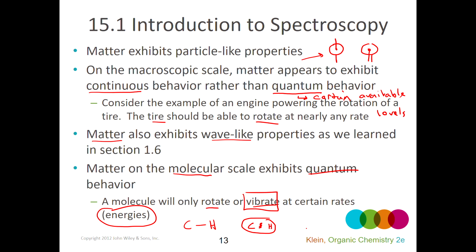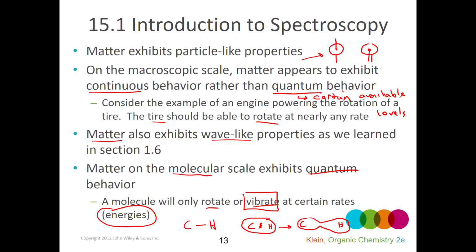But if this bond were to stretch, well, then the orbital overlap would be minimal, and the electron density in between the atoms would not be as stable because it's not as close to both nuclei. So there's a specific energy difference between an optimal length bond and a stretched bond.